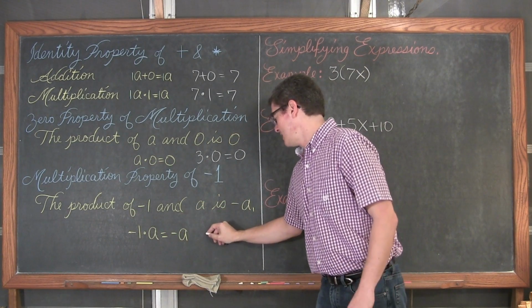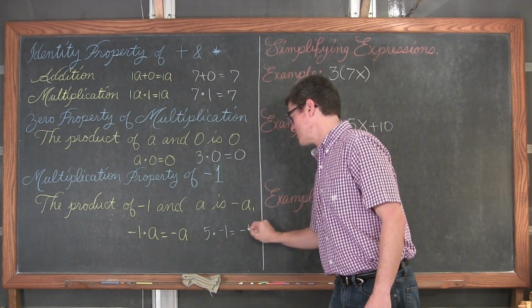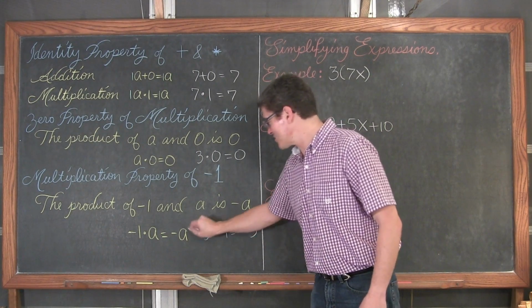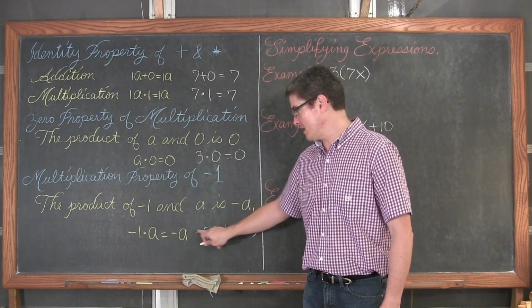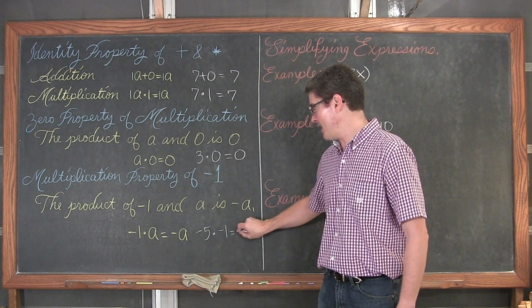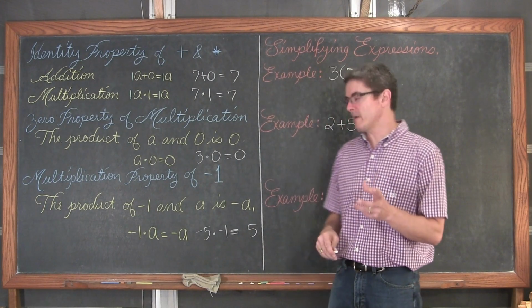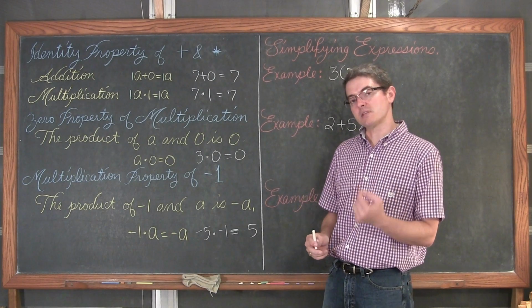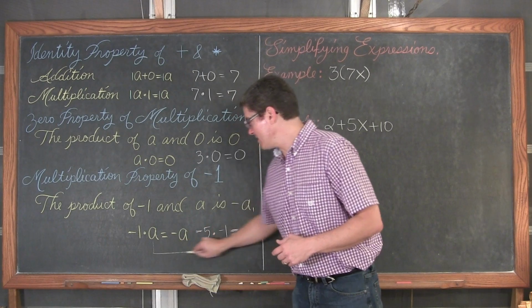So if we have 5 times -1, that's going to be equal to -5. Or if it was initially -5 and I multiply by -1, well, we know that negative times negative is positive, and we get a positive 5. So maybe we want to think of multiplying by -1 as not giving us a negative answer, but actually changing the sign.